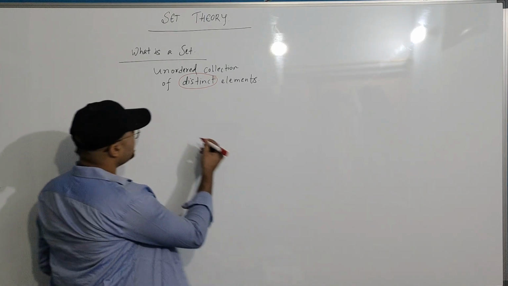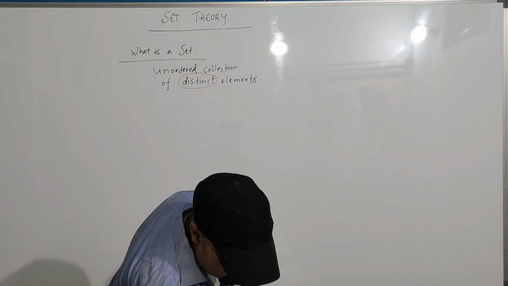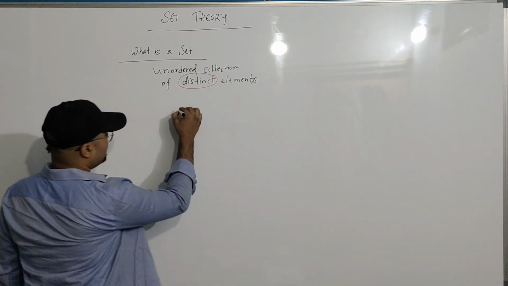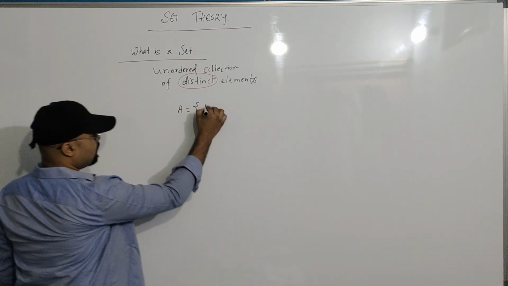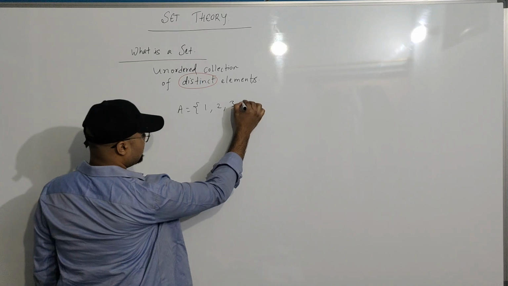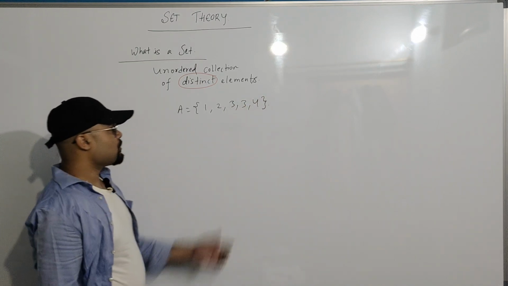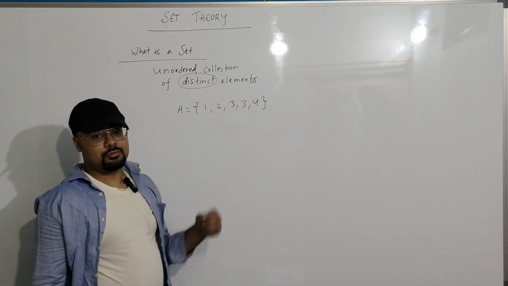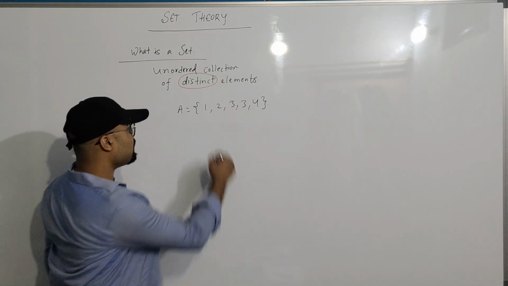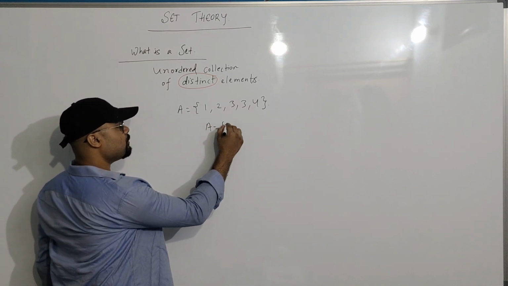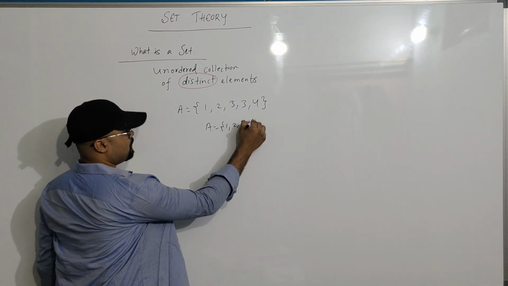Means even if you give the set values to be, let's say, A is equal to 1, 2, 3, 3, 4, right? Even then, it will always return A as 1, 2, 3, and 4.